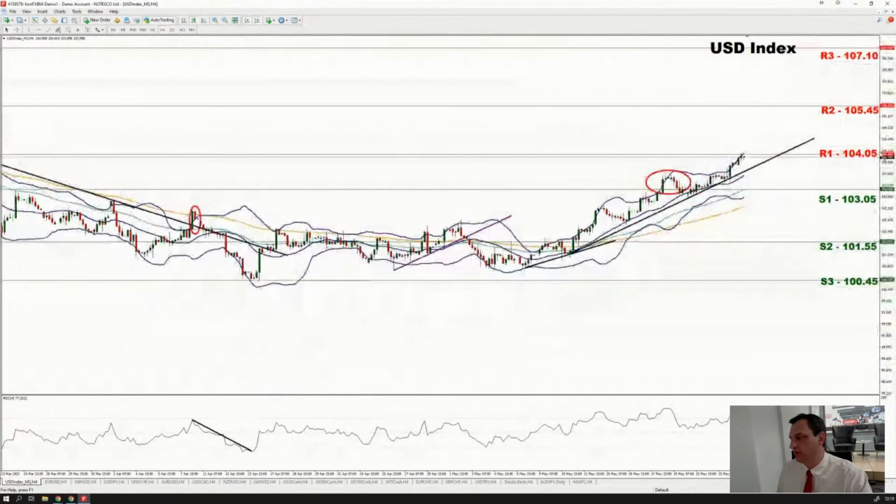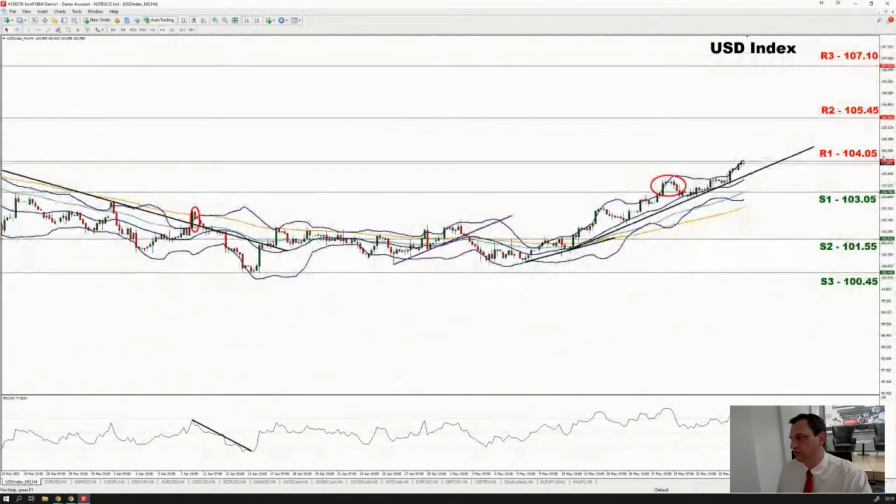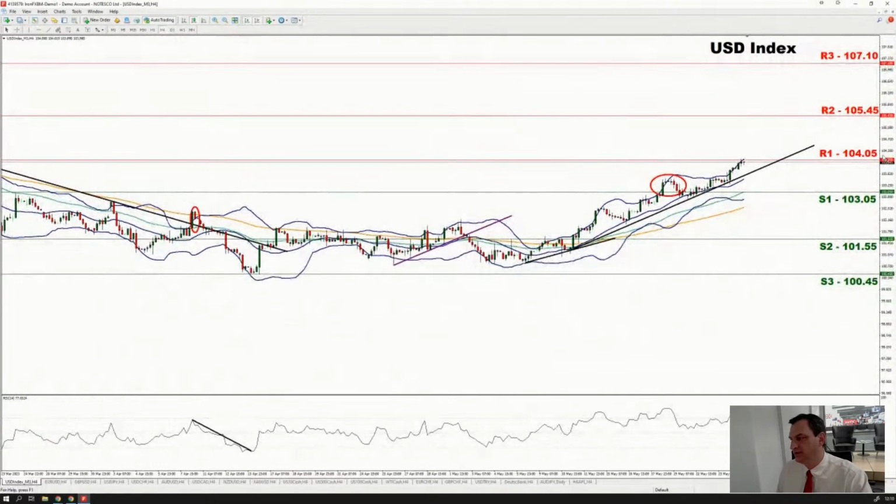It's understandable that the market worries about the possibility of the US government defaulting on its debt. That more or less tended to drive safe haven inflows for the US dollar. Should market woes continue to intensify, we may see the USD rising even further and the index finally breaking above the R1 and starting to aim for the R2 at 105.45.